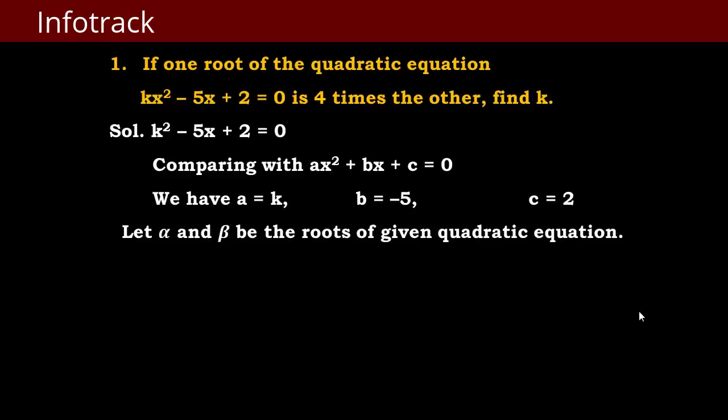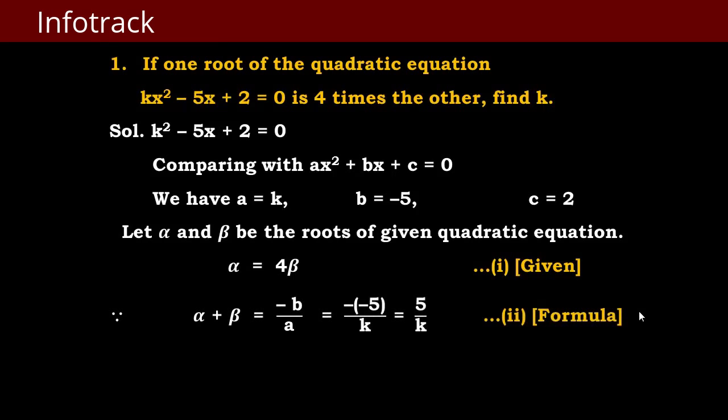See, we know that alpha and beta are the roots of the given quadratic equation, therefore alpha is equal to 4 beta. It is given, equation number 1. Now see, we know alpha plus beta is equal to minus b upon a, and b is minus 5. So minus minus of 5 upon k, minus minus becomes plus 5 upon k. Equation number 2, and this is by formula.